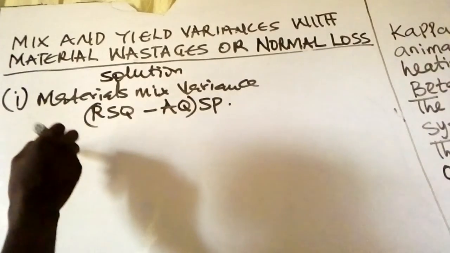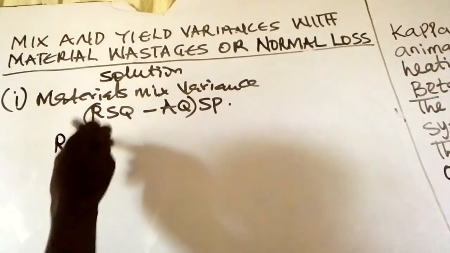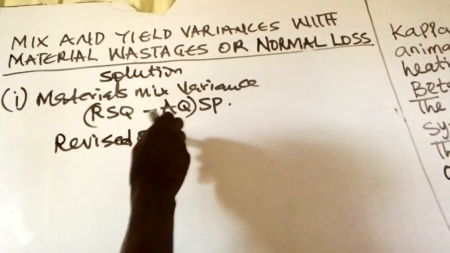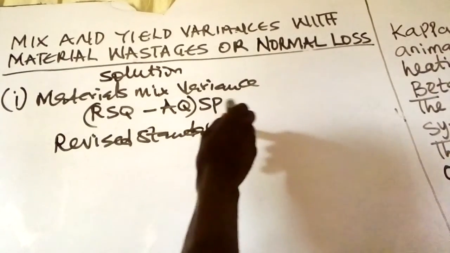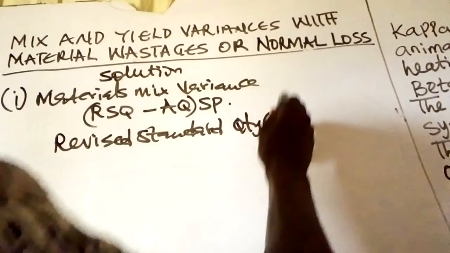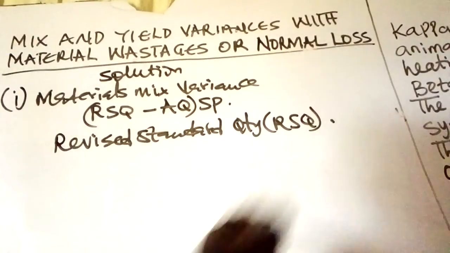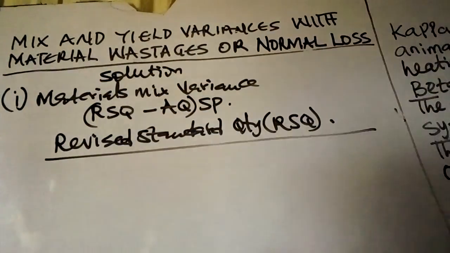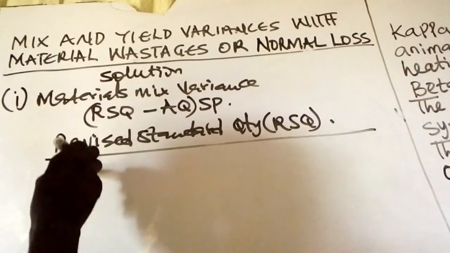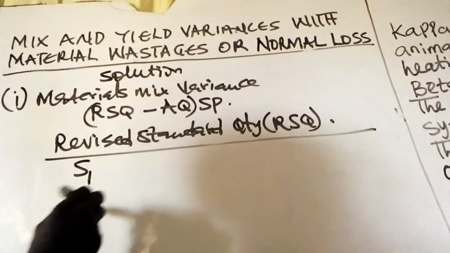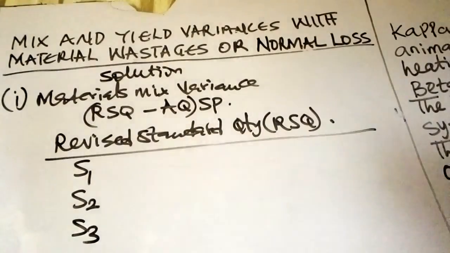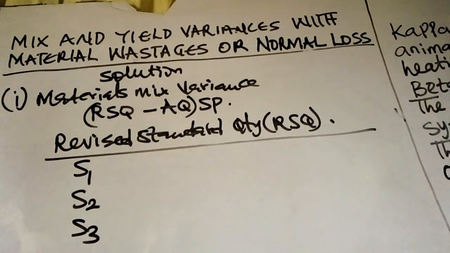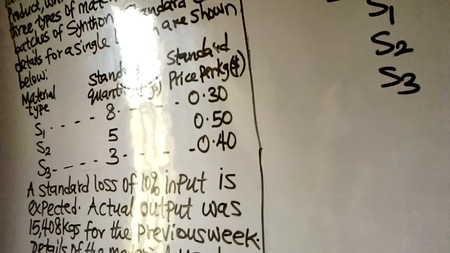So we want to compute the revised standard quantity, RSQ. We have 3 materials, 3 grades, S1, S2 and S3. What is the standard quantity?